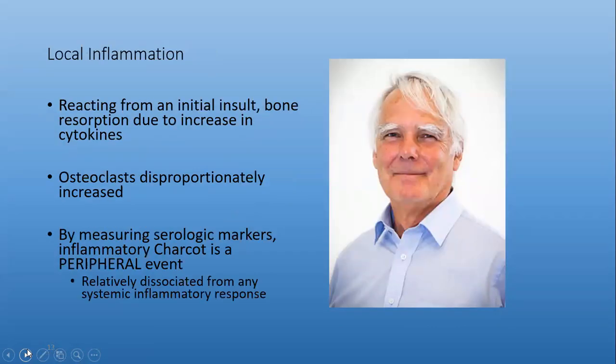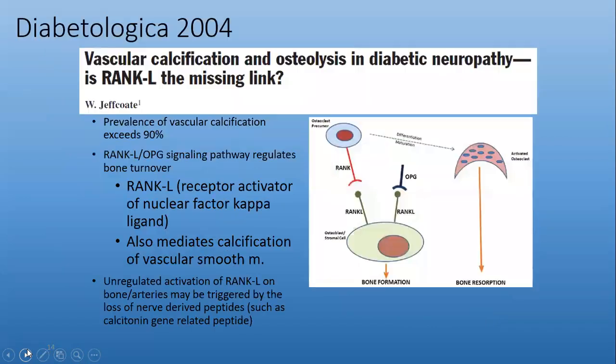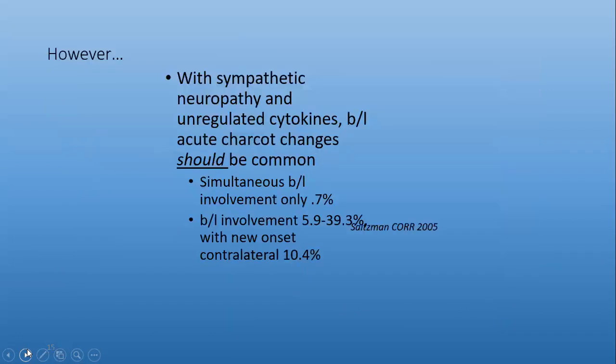And then reacting from the initial insult, this bone resorption due to an increase in cytokines, the whole RANKL cascade, was later described too. And this is a nice little boring article, but really the symptomatic neuropathy or unregulated cytokines.